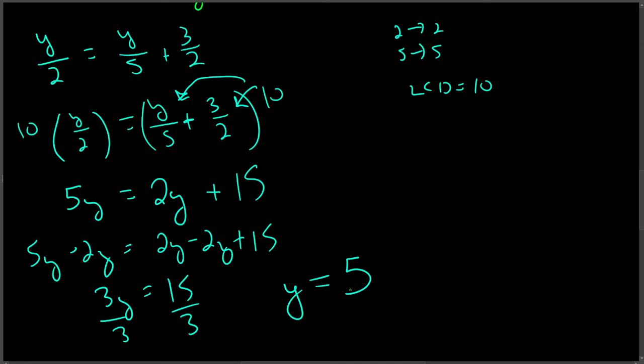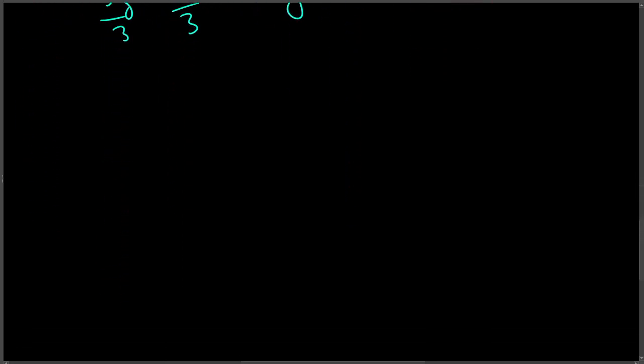There is another way to do this particular problem. If you don't see the LCD, you can clear the fractions one by one. So let me look at the problem again. If for some reason these denominators are complicated and you can't find the LCD, you go, you know what, I want to get rid of that too.